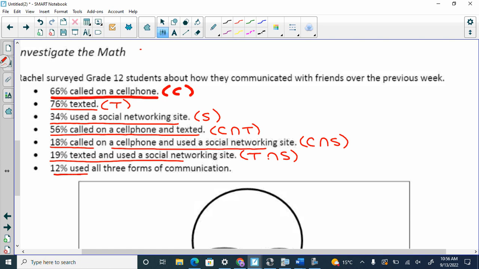And 12% used all three. So I have to start with the all three first, correct?